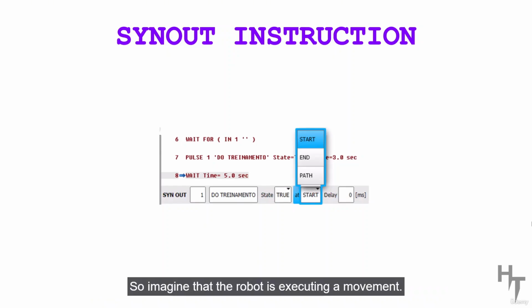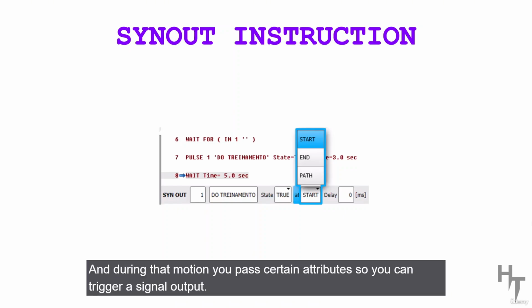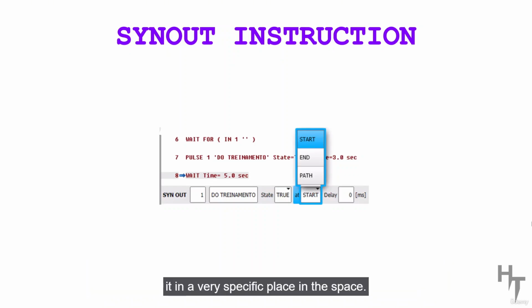So imagine that the robot is executing a movement, and during that motion you pass certain attributes so you can trigger a signal output. The goal here is to avoid interrupting the robot's movement when triggering the signal, or triggering it in a very specific place in the space.